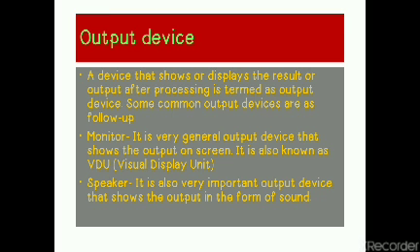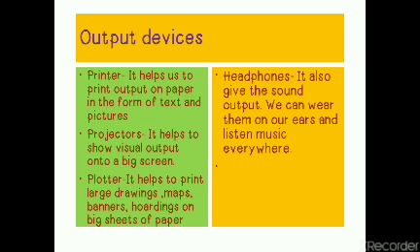Next is a speaker. It is also a very important output device that shows the output in the form of sound. If you want to hear a song from a computer, then you use the speaker. Next is a printer. It helps us to print output on paper in the form of text and pictures.